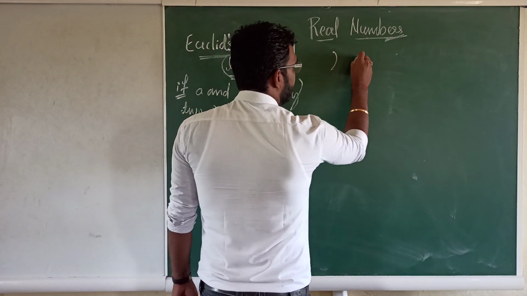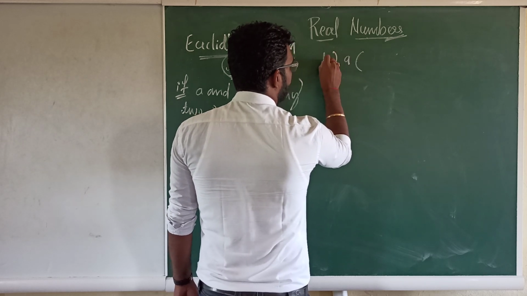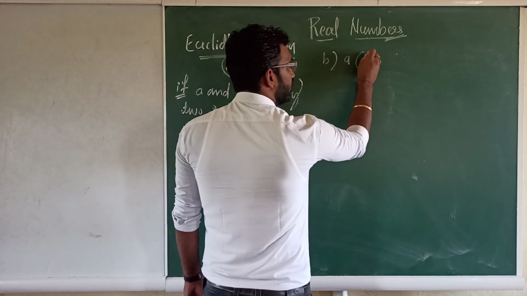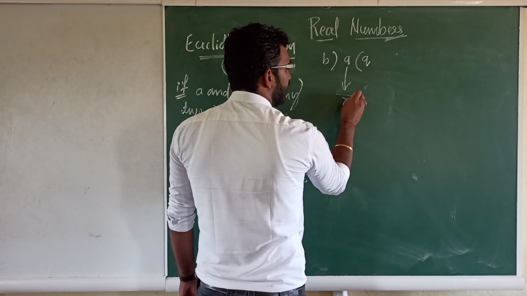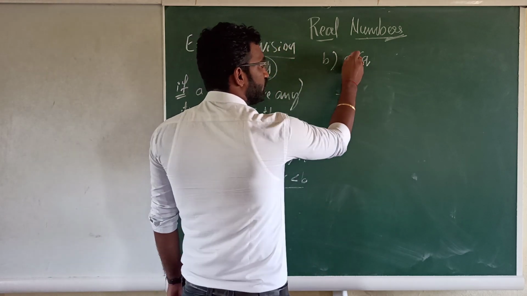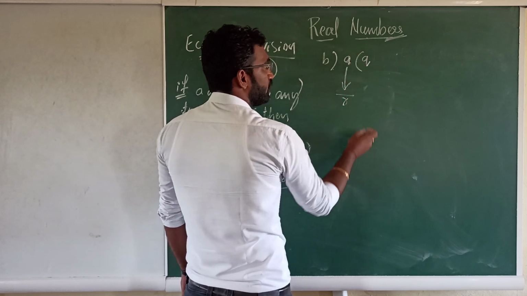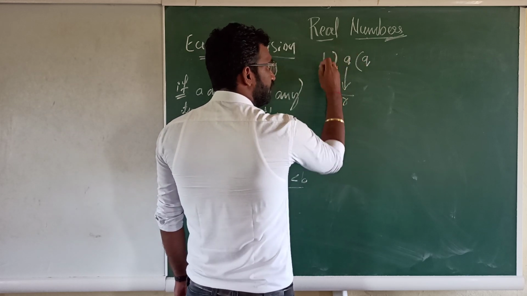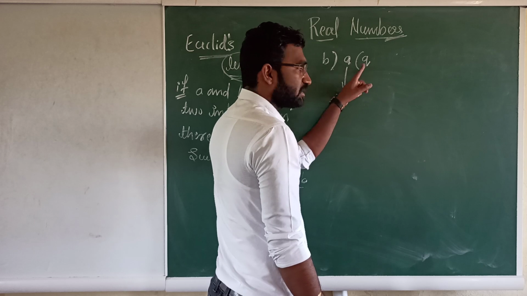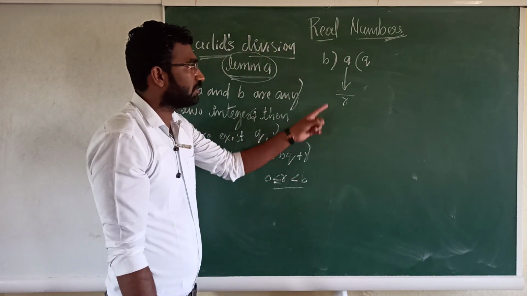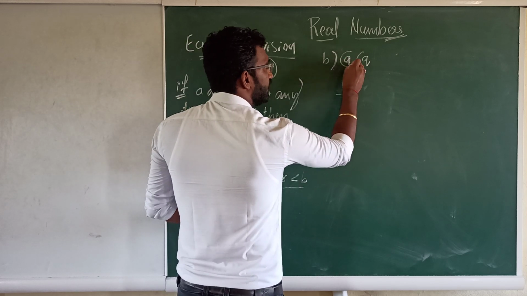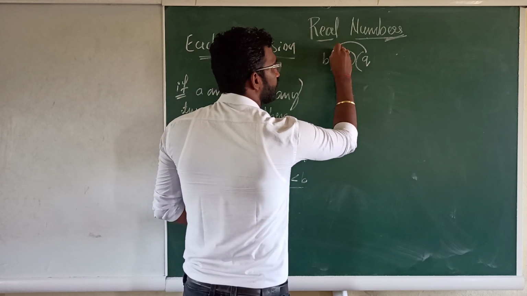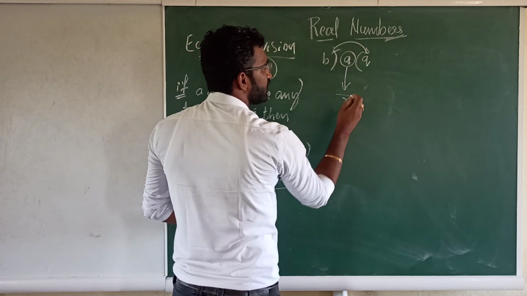If I divide this a by b, you are going to get the quotient q and the remainder r. Simple. The statement says that a is equal to bq plus r.